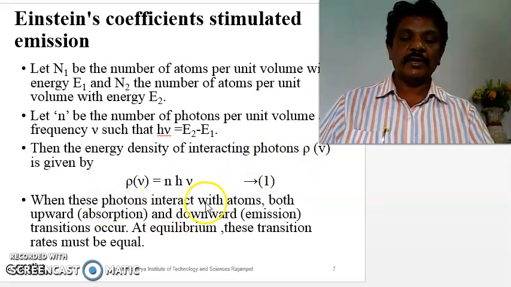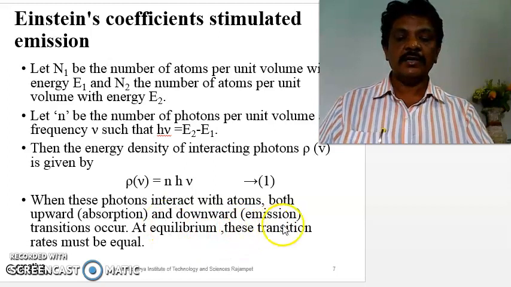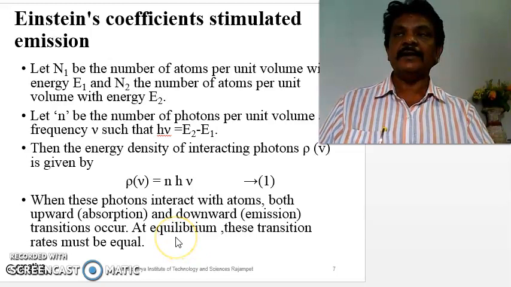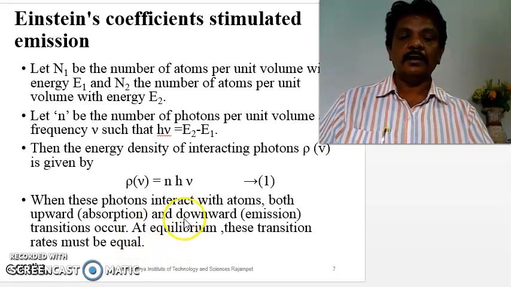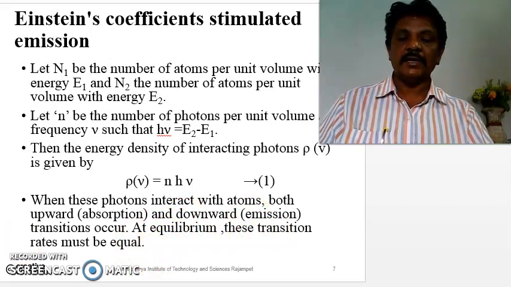When this photon energy interacts with the atom, the upward process is called absorption and the downward process is called emission. Both are equal because of the equilibrium state of the material.